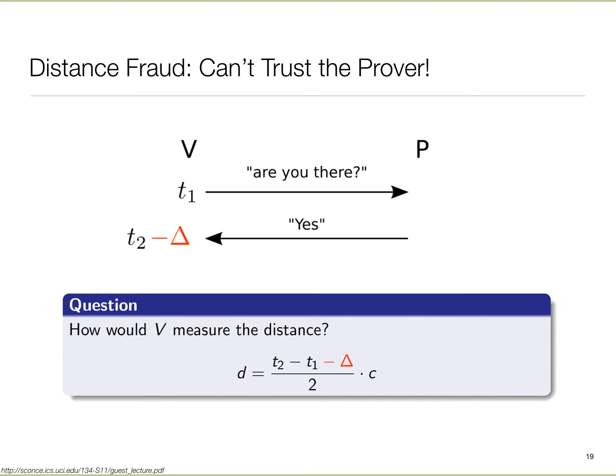Anything which allows T2 to be effectively tampered with creates a problem for us. The prover can tamper with T2 by essentially not honoring the protocol of replying only after it has received the incoming packet.